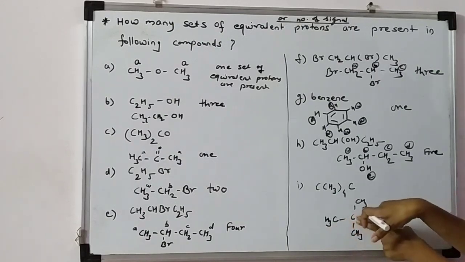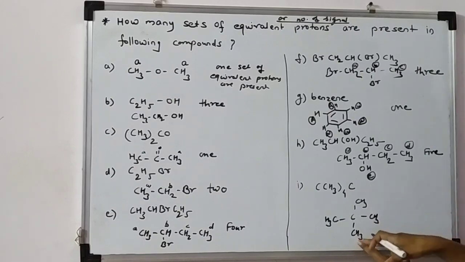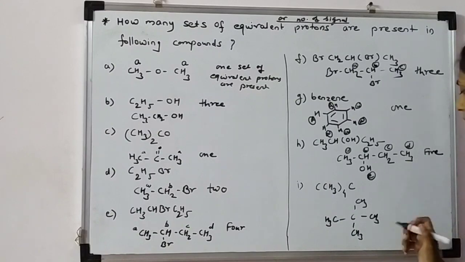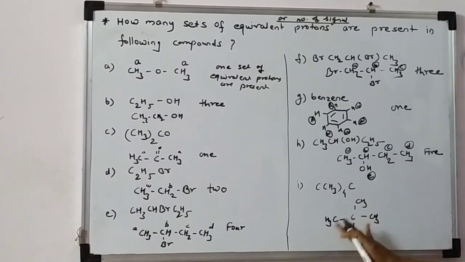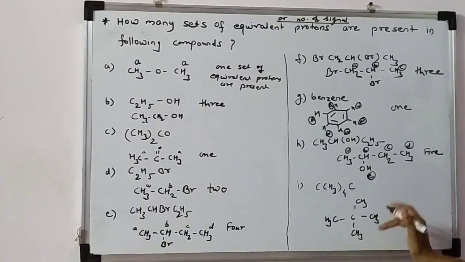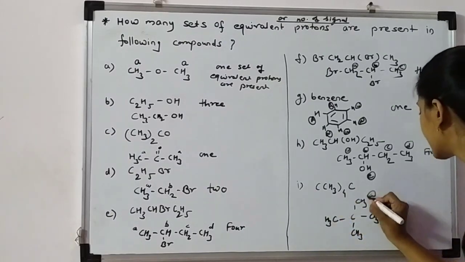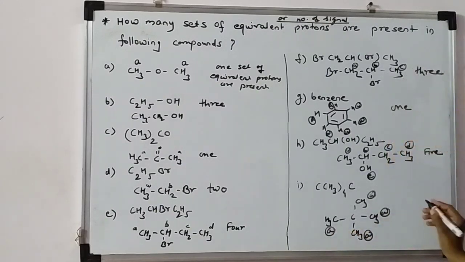When we draw the axial symmetry and planar symmetry, we get the same environment, so we say the environment is the same. So there is only one set of equivalent protons here, and only one signal is obtained in this case.